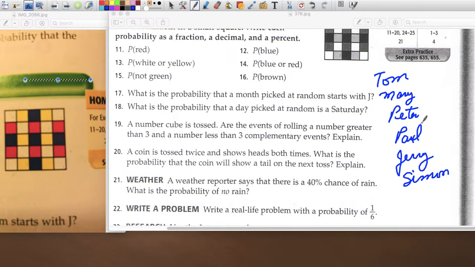I'm making this too hard. So 6 people enter a drawing. The drawing is for a free ticket to Paris. The chance of Paul winning is how many chances? Well, he has 1 chance out of 6.